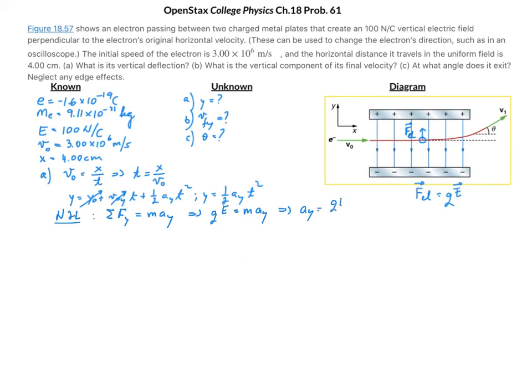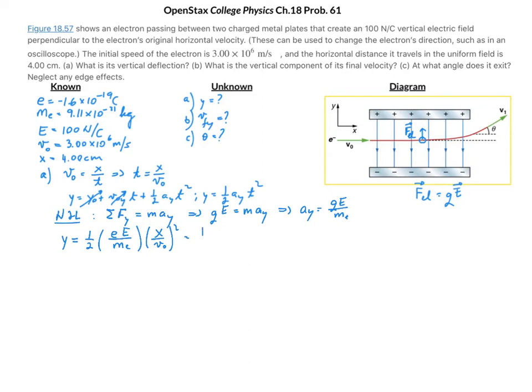It's the charge of the electron times the electric field divided by the mass of the electron. So if we put everything together now, we end up with the y displacement as 1/2 the acceleration in the y direction, which is charge of the electron times the electric field divided by the mass of the electron, times t squared, which is x over v naught quantity squared.